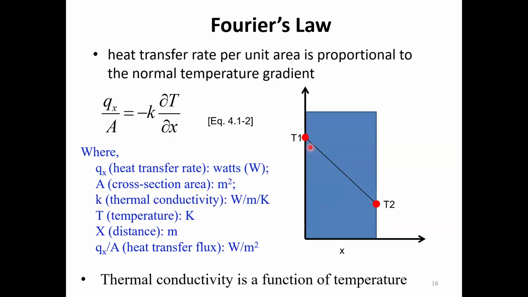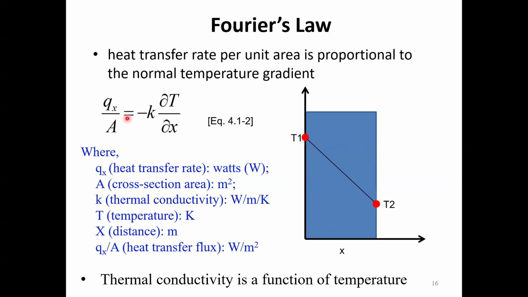If this slope is not steep, if it's close to being flat, then the heat transfer rate, or heat transfer flux when you divide it by area, becomes low. That's what Fourier's law states.